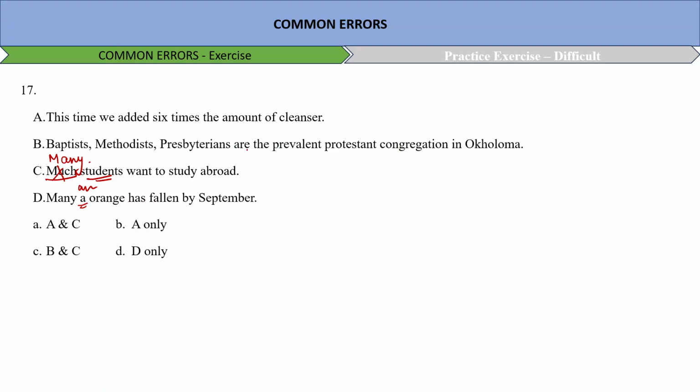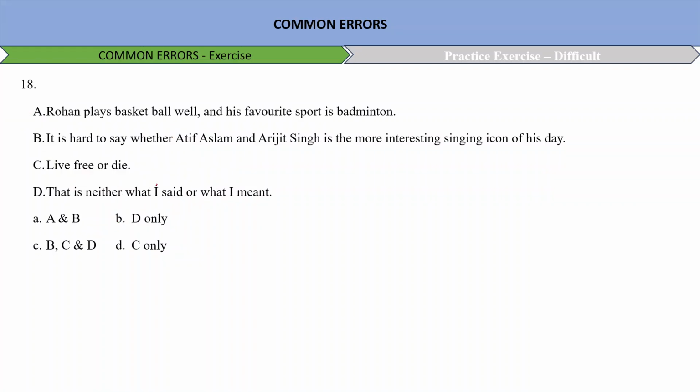After "are" it should just be Baptist, Methodists and Presbyterians are the prevalent Protestants. There should be "and" in between, not a comma here. Okay. So the only correct sentence is option B, A only. Next question.